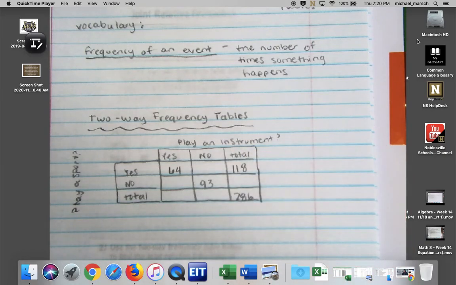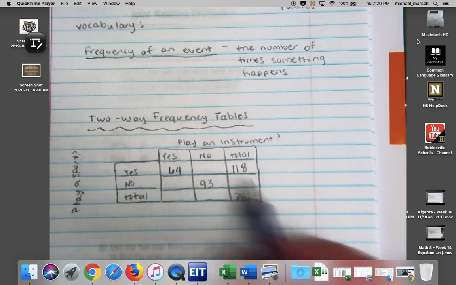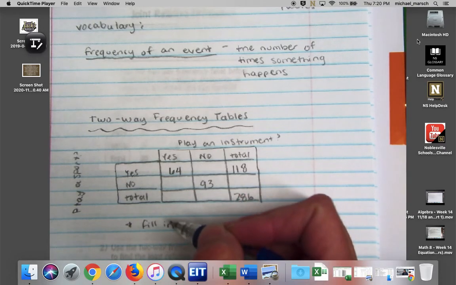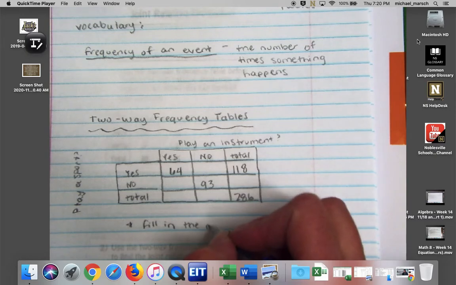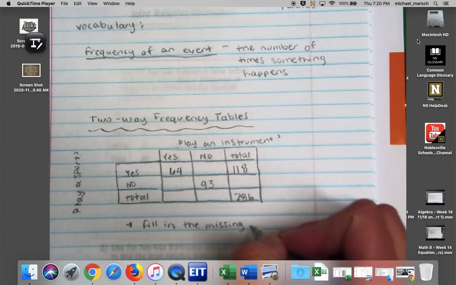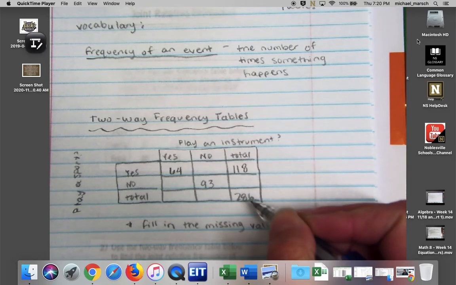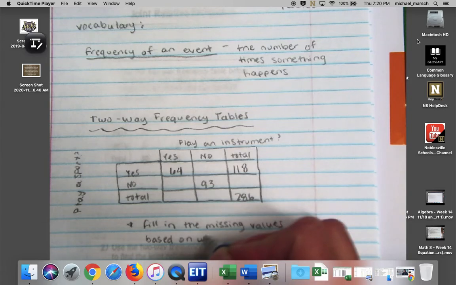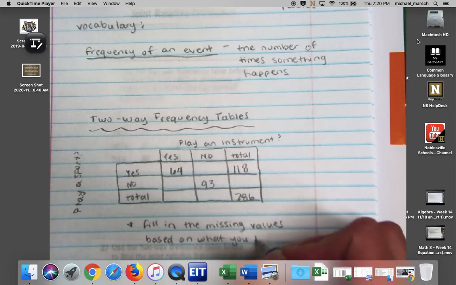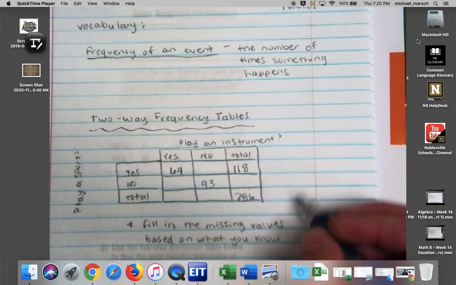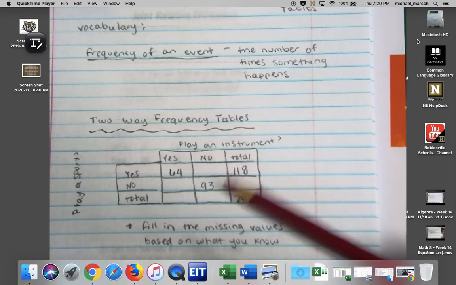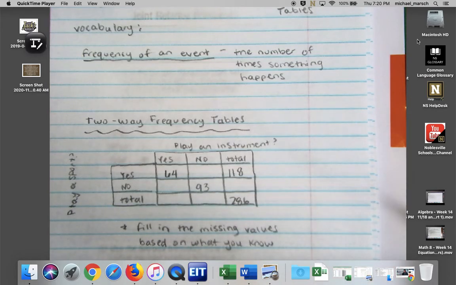So we're going to use our common sense, reasoning, logic, whatever you want to call it, skills, and you're going to use the information you have to fill in the missing values based on what you know. I'm going to use a red pencil here and fill in these missing values using my amazing math skills.